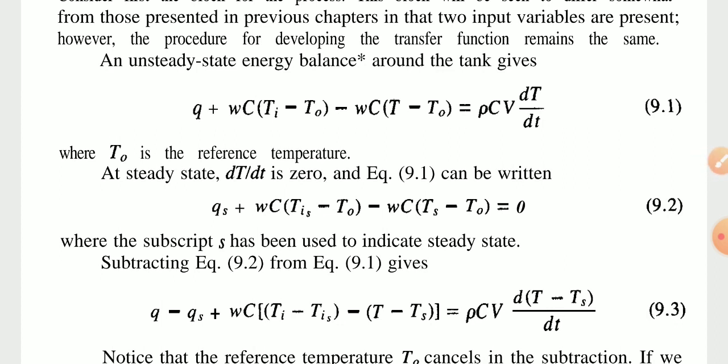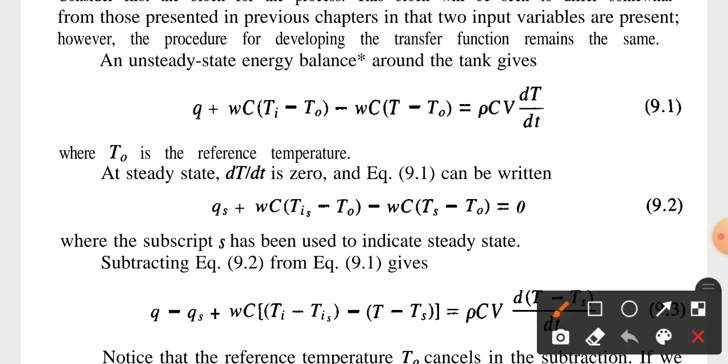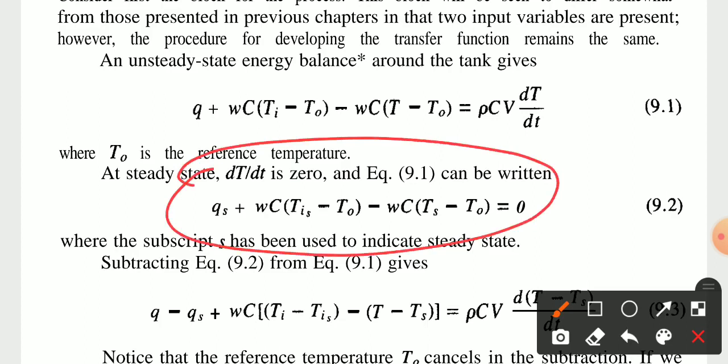And T0 is the reference temperature at steady state, where dT/dt is 0, and equation 9.1 can be written, which we had as the first equation earlier, on that basis: Qs plus WC(Tis minus T0) minus WC(Ts minus T0) is equal to 0. This is our second equation.